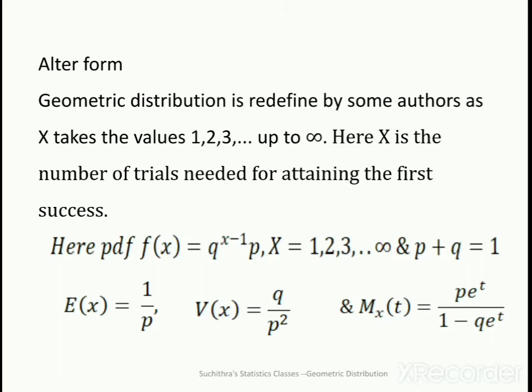In the previous model, x is the number of failures before the first success. Here x is the number of trials needed for attaining the first success.